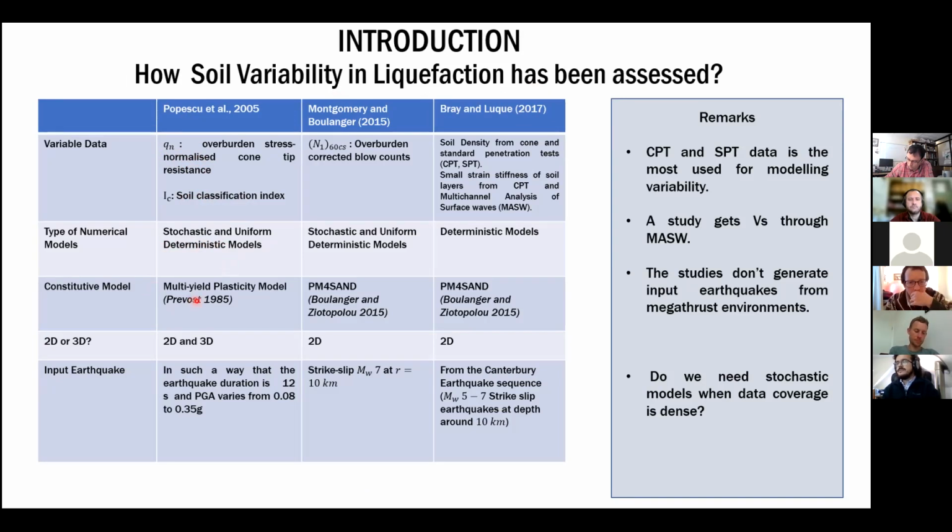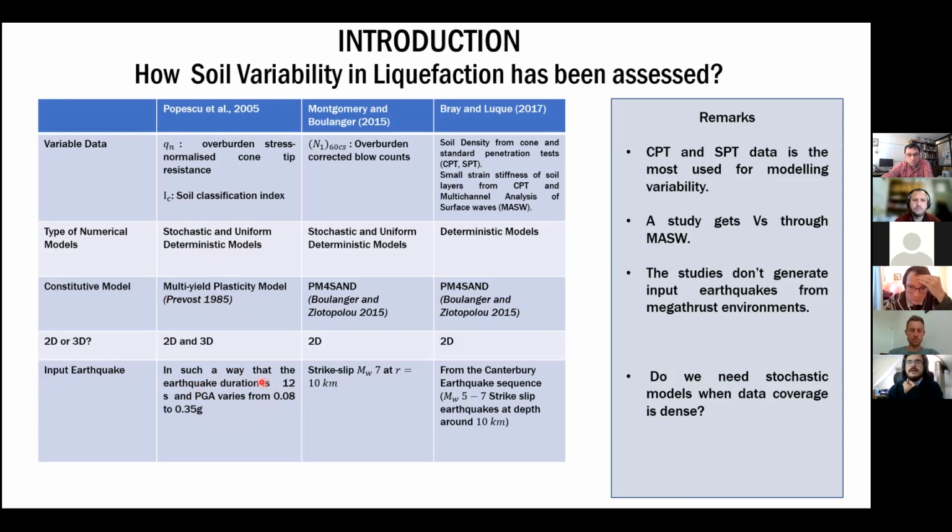And in the constitutive model, they use the multi-yield plasticity model from Prevost. They do 2D and 3D models, and the input earthquake is generated in such a way that the earthquake duration is 12 seconds, and the PGA varies from 0.08 to 0.35 g.